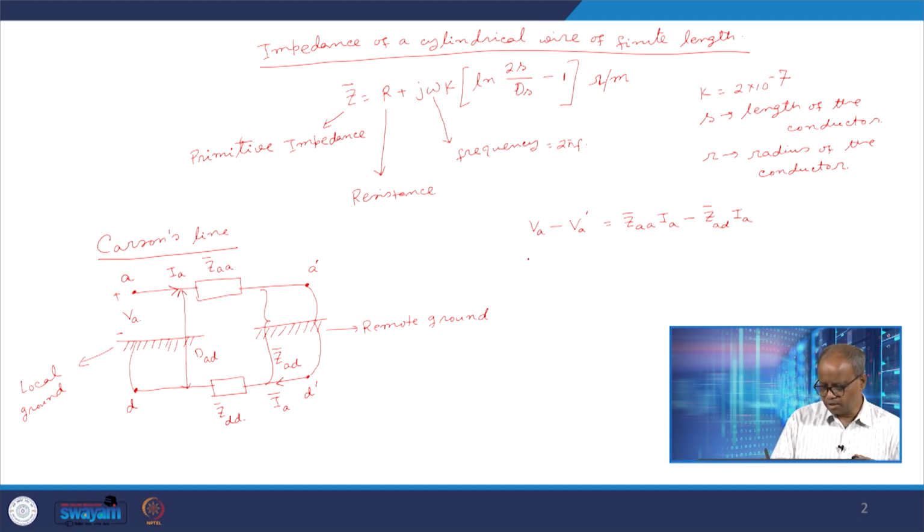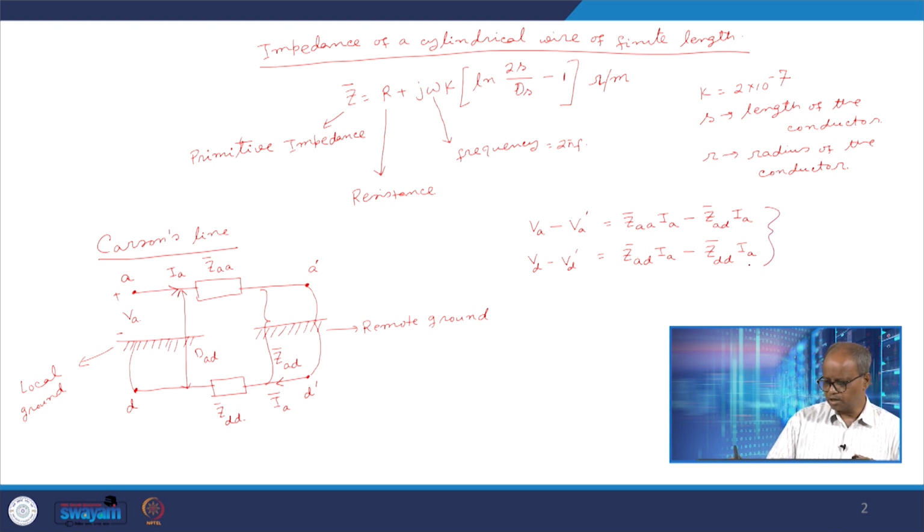Similarly, VD minus VD dash would be equal to ZAD IA, this part being due to the mutual impedance between the original conductor and the fictitious conductor, minus ZDD, the self primitive impedance, into IA. It is actually ZAD into minus IA, so it becomes ZDD into IA.